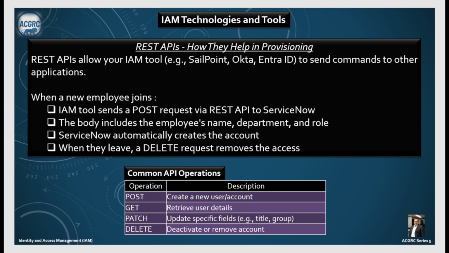So the REST API is a medium which allows you to send commands. The command is triggered by SailPoint, Okta, or Entra ID maybe, but the REST API is the medium through which it is done. The body includes employee name, department, and role. ServiceNow automatically creates the account. When they leave, a DELETE request removes the access.